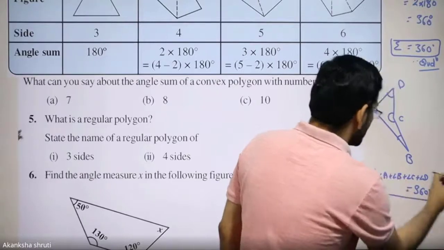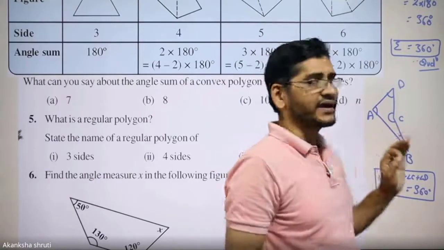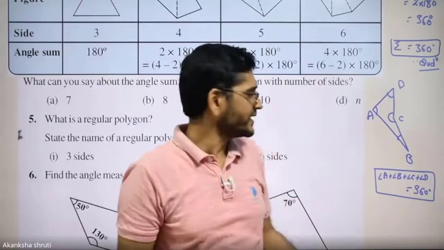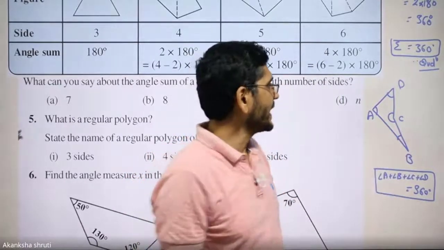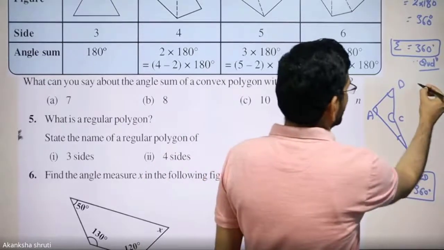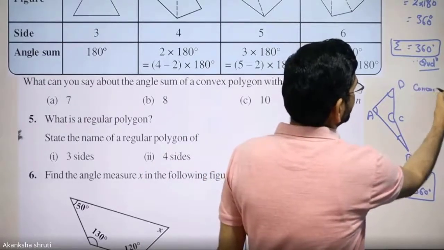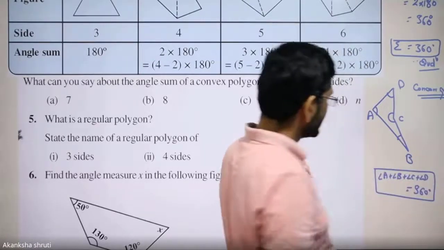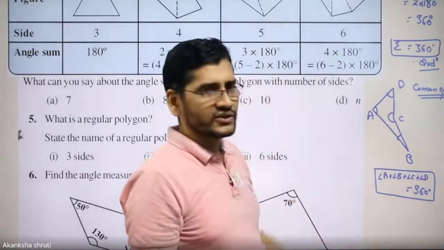So the sum of internal angles of a quadrilateral doesn't depend on whether it is a convex quadrilateral or a concave quadrilateral. So this was our concave quadrilateral. So even for the concave quadrilateral, the relation holds good.